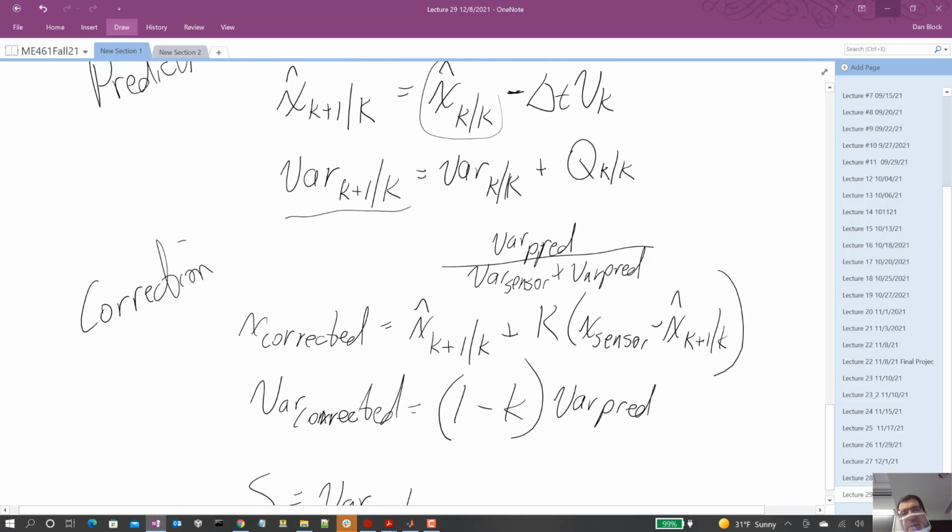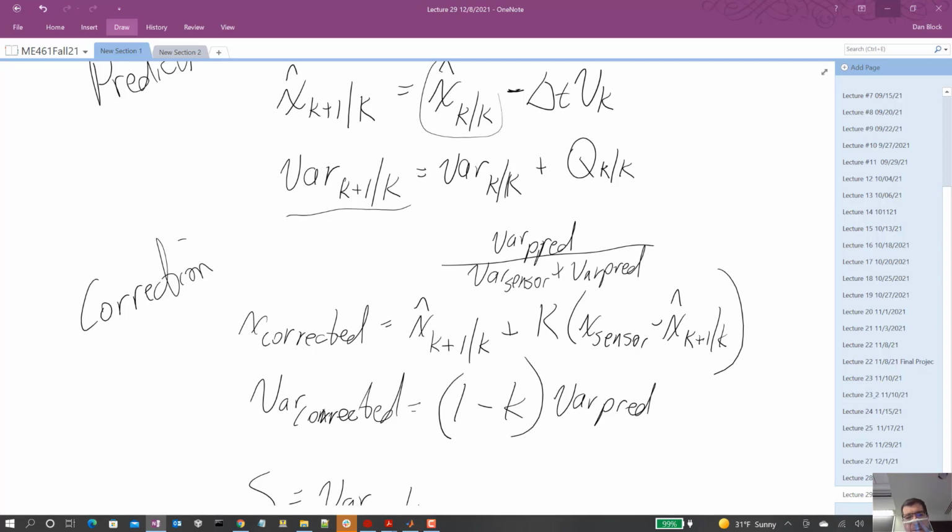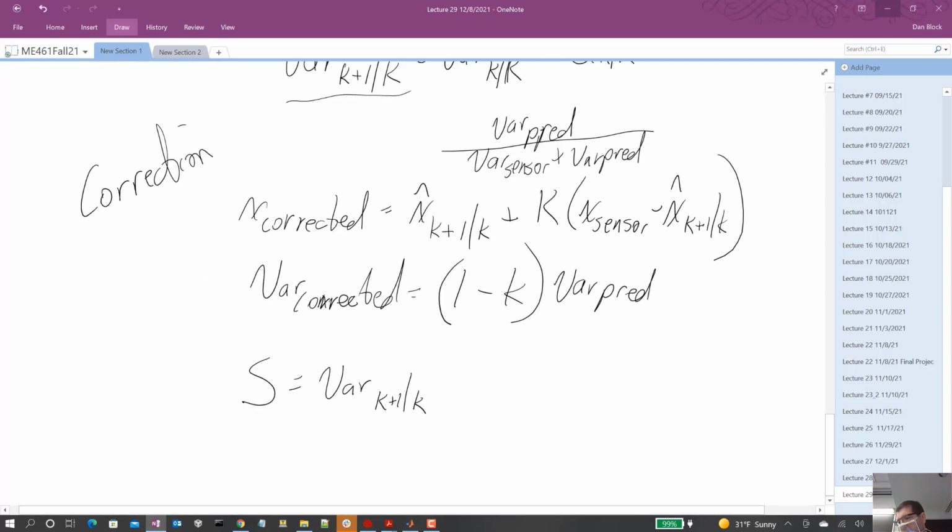That's this guy right up here, which we've been calling the variance of the prediction, plus R. Okay, this is 1 over the trust in our ultrasonic sensor or whatever sensor we're using.